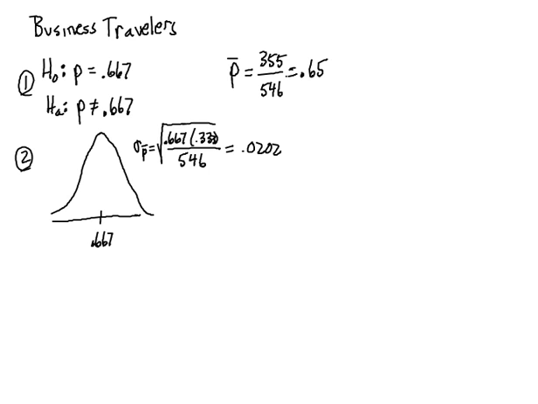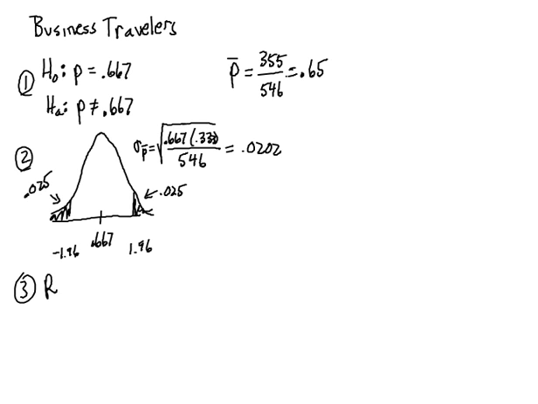The level of significance is 0.05. So we're going to split alpha here. That'll be 0.025 on the upper and lower ends, which gives us z-scores of 1.96 and negative 1.96.